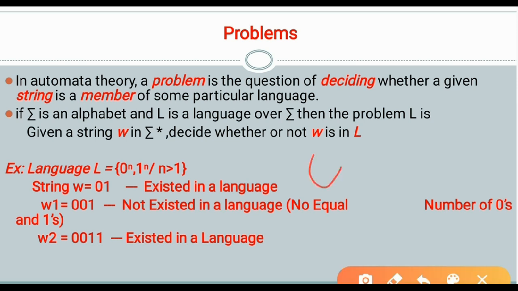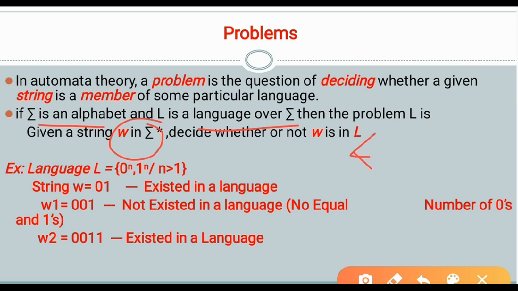So if my word is W and the language is L, then W should be a member of the particular language. You can see some examples here. If sigma is an alphabet and L is a language, then W should be included in sigma star, including null.